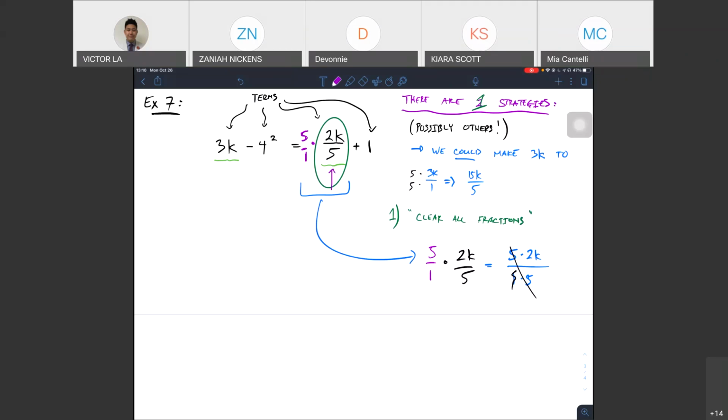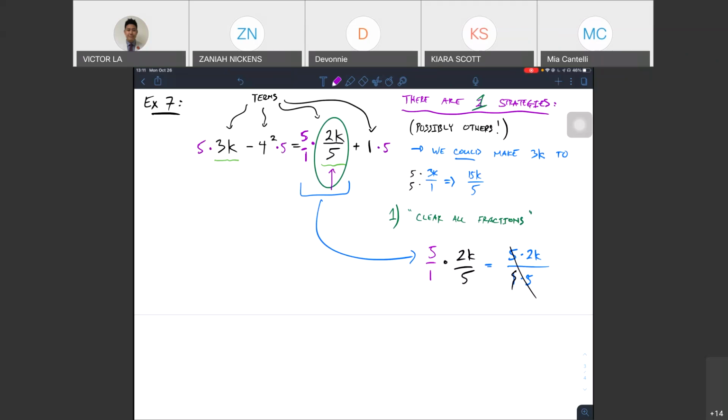Absolutely, because 10 divided by 5 is 2, which gives you a 2 in the numerator. But why use a bigger number when you don't have to? So the reason we pick 5 is that 5 can cancel with the denominator that I drew with the purple arrow. But since this is an equation, you can't just do it to one thing. You've got to do it to every single term here.